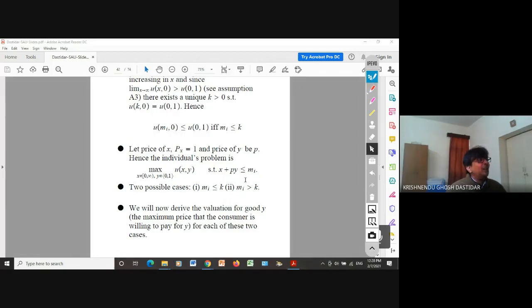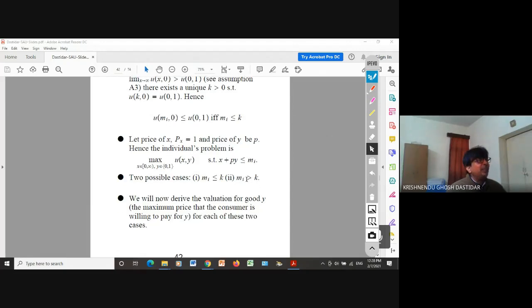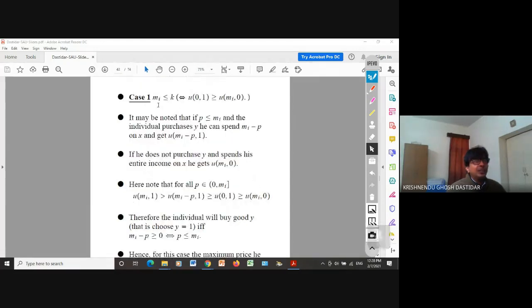Okay. Now, how do I derive it? Let me quickly go through it. Case 1, when income is lower than K. In that case, this is true. It may be noted that if P is less than M_i and the individual purchases Y, where P is the price of Y and the price of good X is given to be 1, so I'm trying to derive the demand for Y. Y is the indivisible commodity, say a house or a painting.